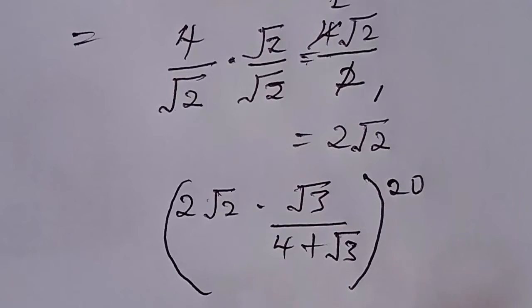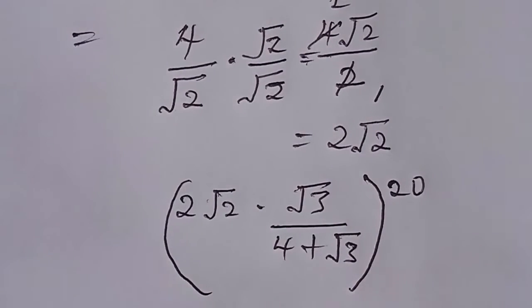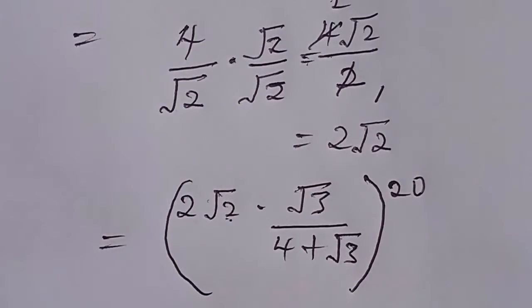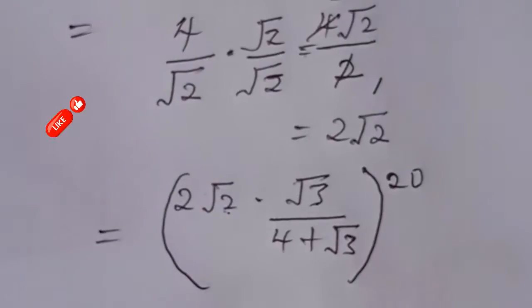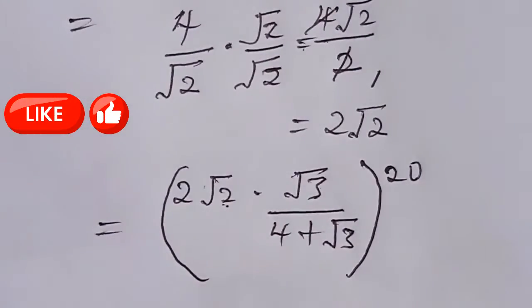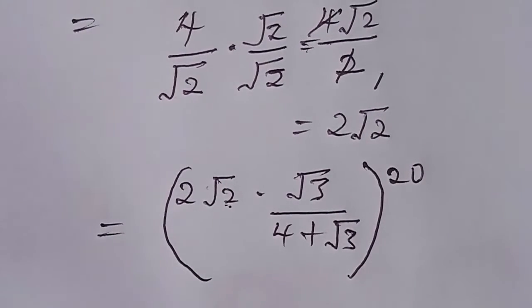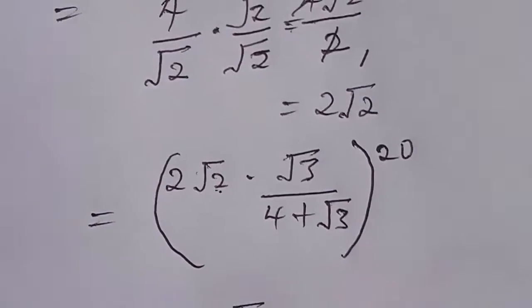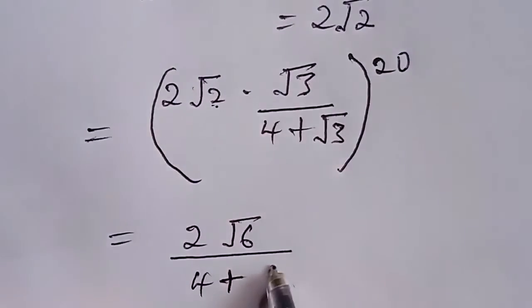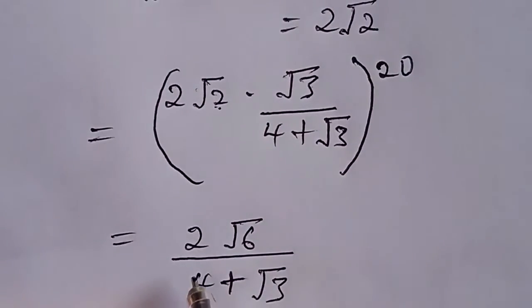Now what we need to do here is to rewrite this by multiplying this together. This will be equal to 2, and we multiply this to give us square root of 6, then 4 over 4 plus square root of 3.